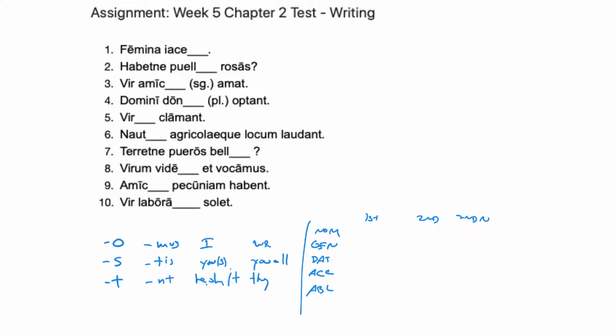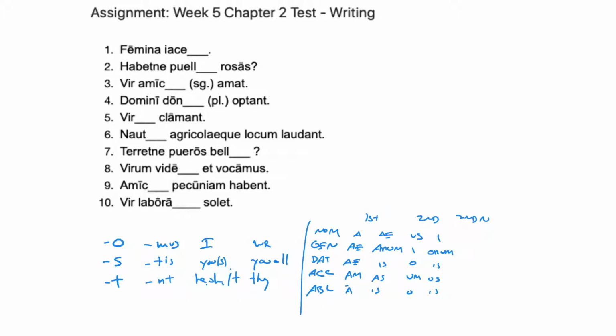So we've got a, ae, ae, am, a, and then plural ae, arum, is, as, is. All right, then for second we've got us, i, o, um, o, and plural i, orum, is, os, is.